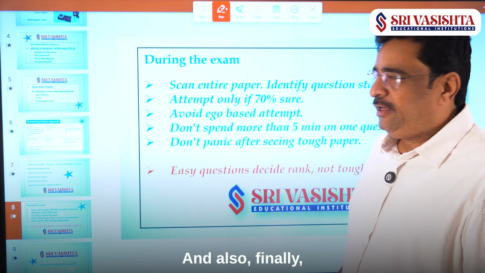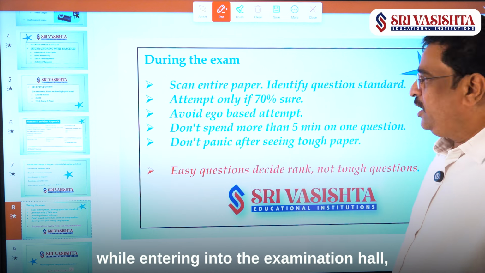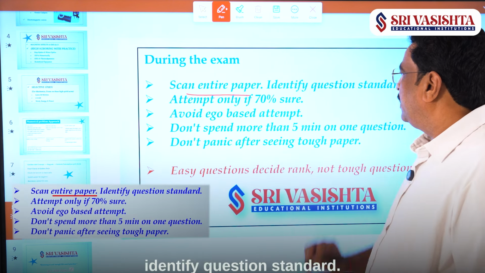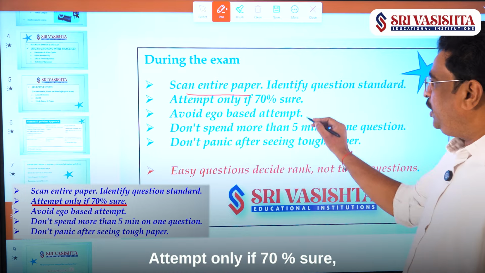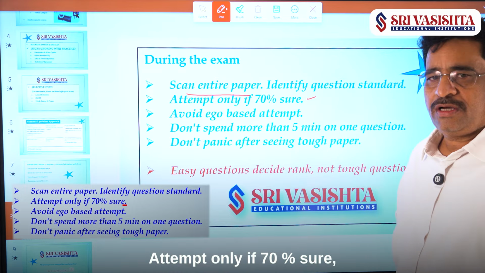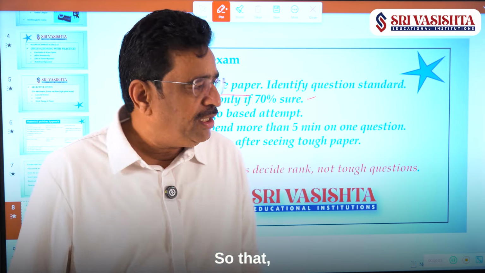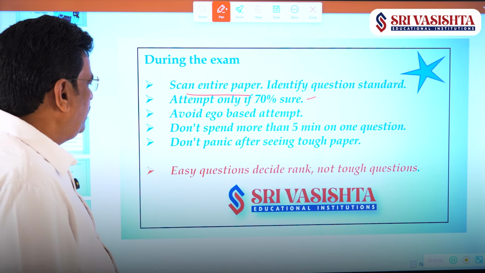Finally, when entering the examination hall, scan the entire paper and identify the question standard. Attempt only if 70% sure, otherwise leave it. It is a negative marking examination. So if you are 70% sure, then attempt.